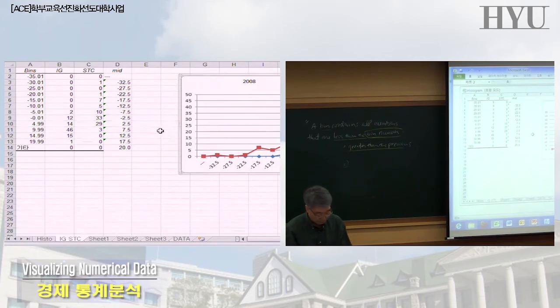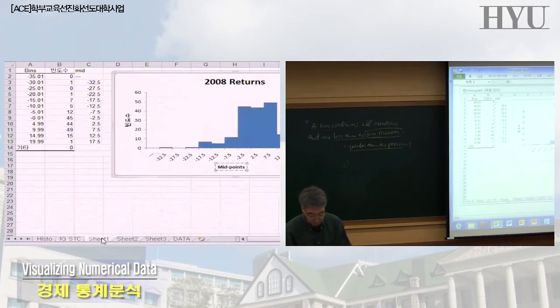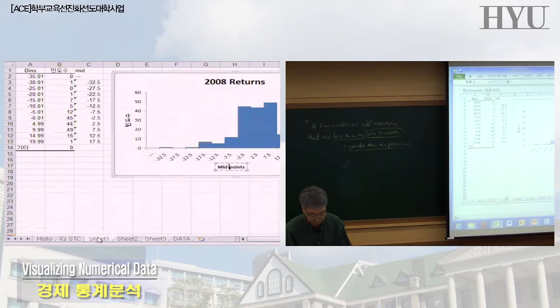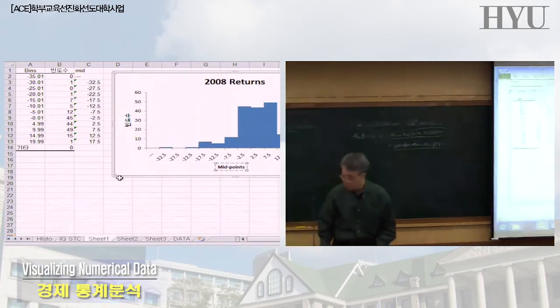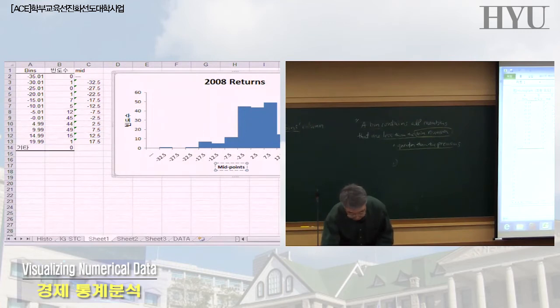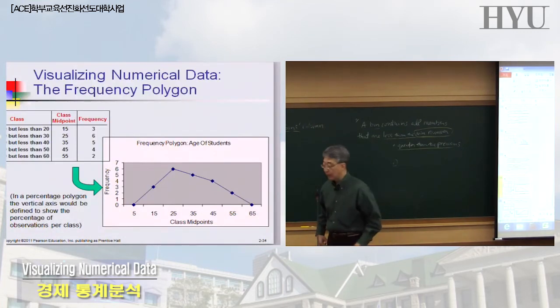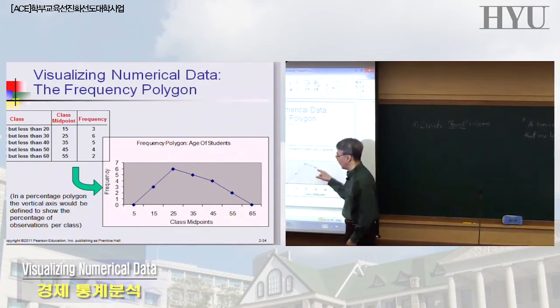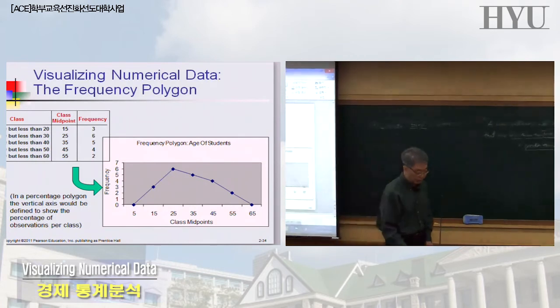If you want to do just the frequency polygon, you don't need percentage. You can use the actual frequency. But I was working on the next step.